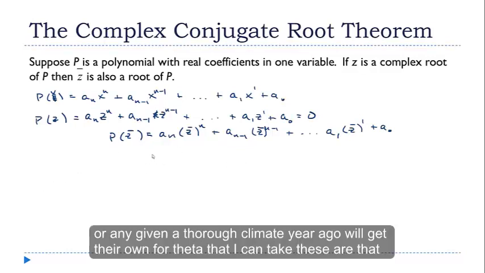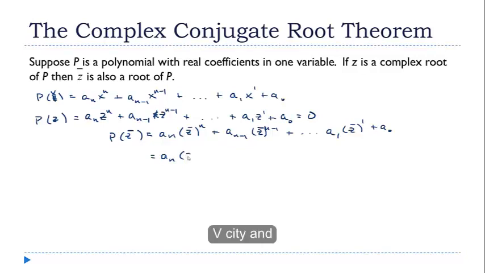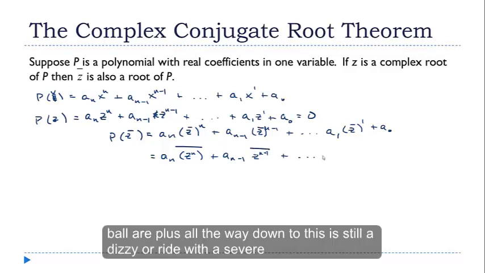Now here's where I'm going to start applying my theorems over and over again. Theorem 4 says that I can take these bars that are inside the exponent and bring them outside. This is a_n times z to the n bar, plus a_(n-1) times z to the n minus 1 bar, plus all the way down to, this is still really just z bar, right?